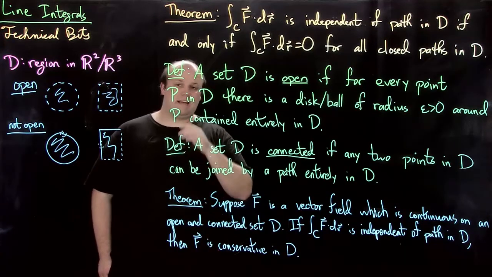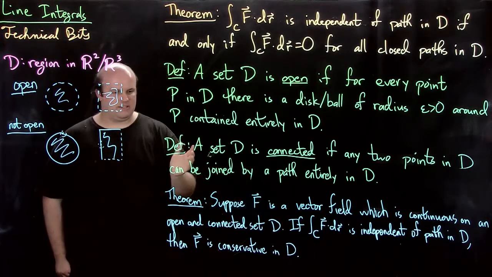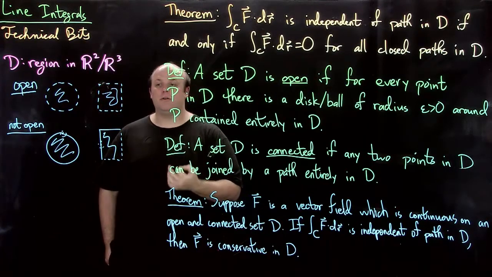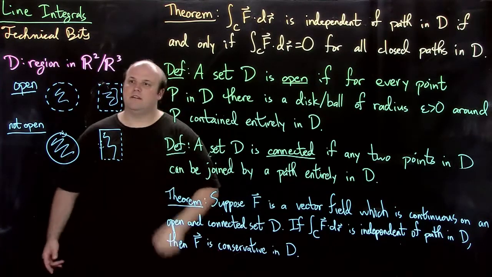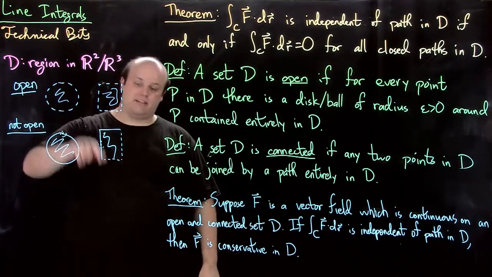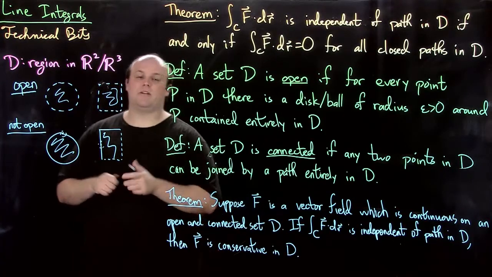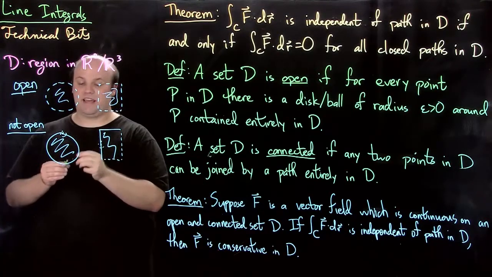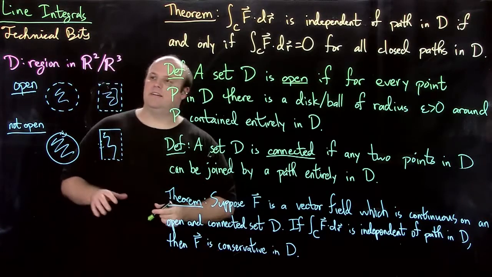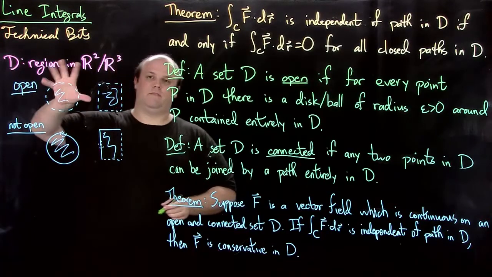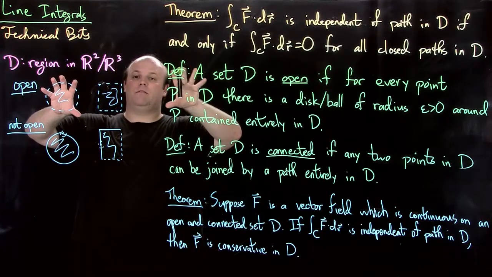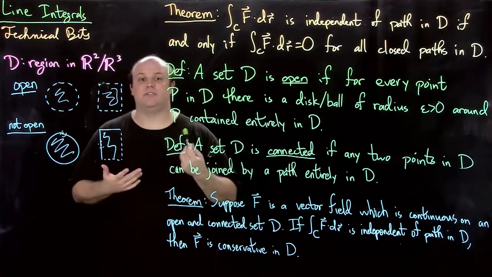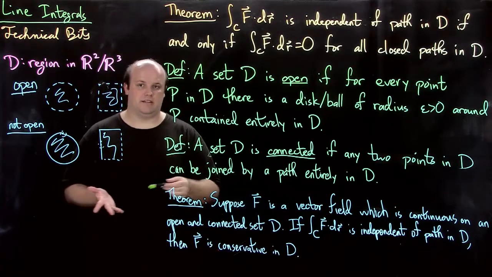Okay, so now that we have all this stuff, we can talk about this. Suppose F is a vector field which is continuous on an open and connected set D. This is an example of something open and connected. Something open but not connected: you could imagine taking both of these together and calling it D. You have an open disk over here somewhere and an open square over here somewhere, and if that's D, then it's open, but it's not connected.